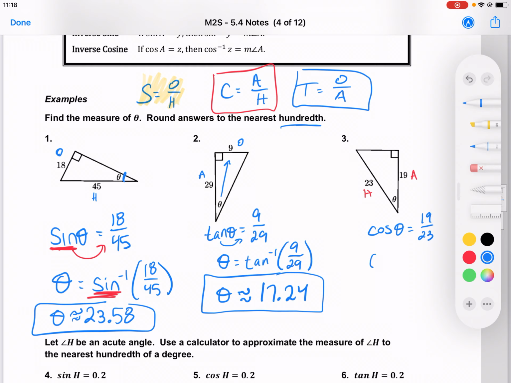To move that cosine over so we just have theta, we do the little inverse. You type that in by doing second, cosine inverse of 19 over 23, and that's approximately equal to 34.30.